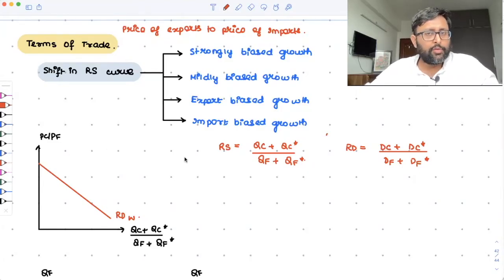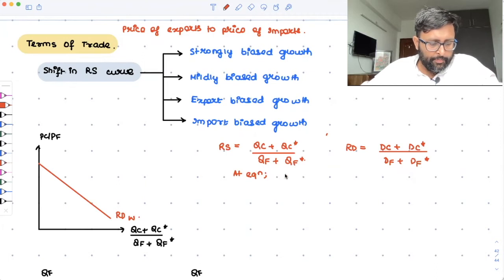So the relative demand curve for the world is the same, right? There are no changes in preferences. So the relative demand curve is the same. And at equilibrium, the amount of cloth which home is going to export is equal to the amount of cloth which foreign is going to import.